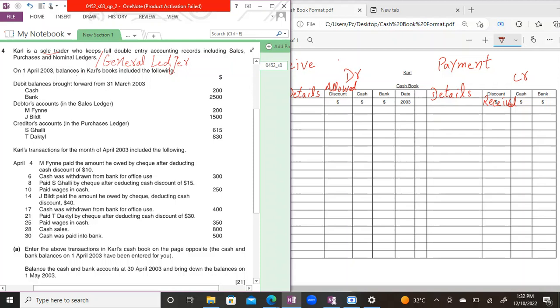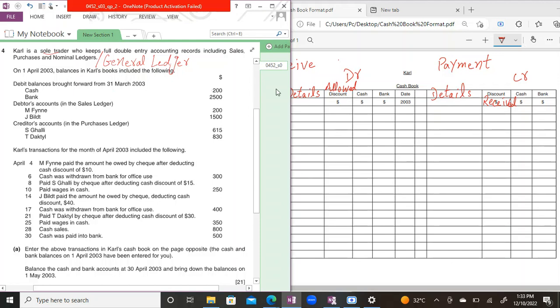On 1st April 2003, balances in the books included the following. So it means that these are the opening balances. So debit balances brought forward from 31st March 2003. Last month or last year, when the cash book was closed, these balances were taken.